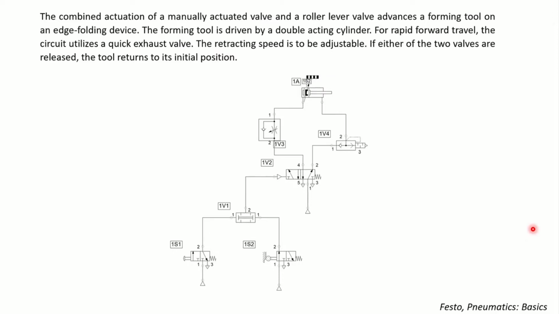We have a push button or manual actuation, and we have a roller lever valve. The roller lever valve is linked to the position of the piston, and we have that identification showing us the piston is in fully retracted position, therefore it is ready, right?